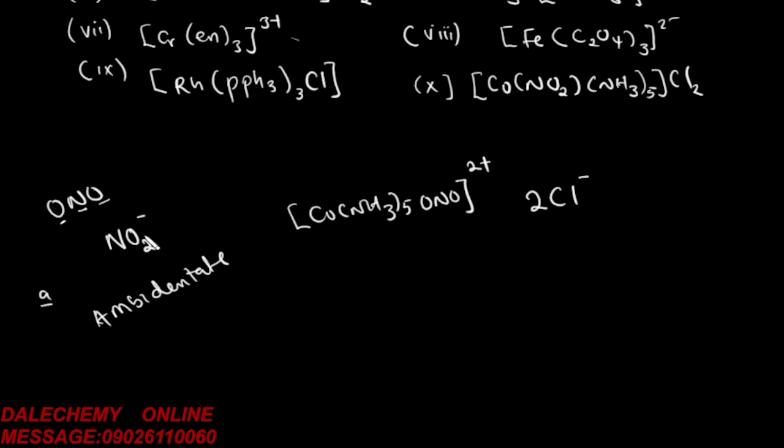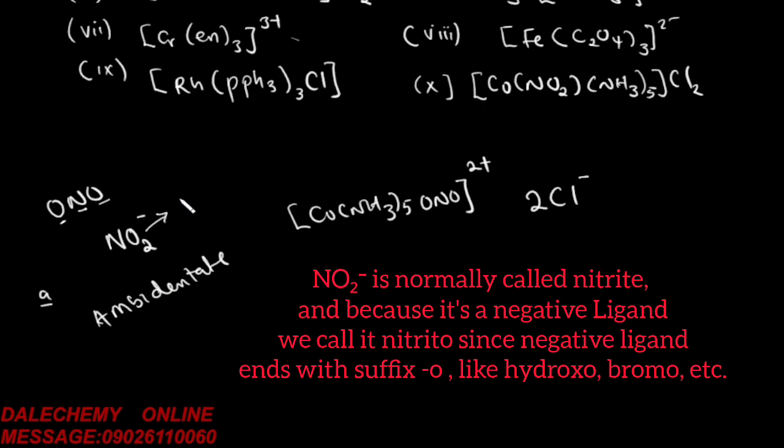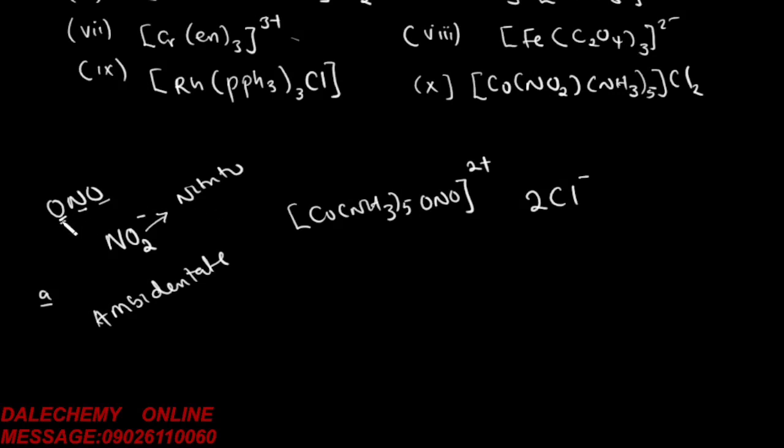In coordination compounds, the name is nitrito. If it is bonding through oxygen, we call it O-nitrito, and if it is nitrogen, it will be N-nitrito.